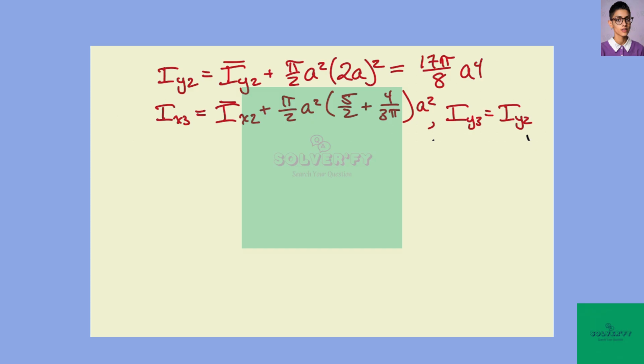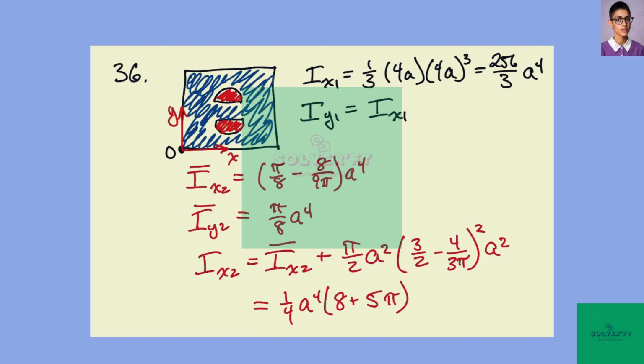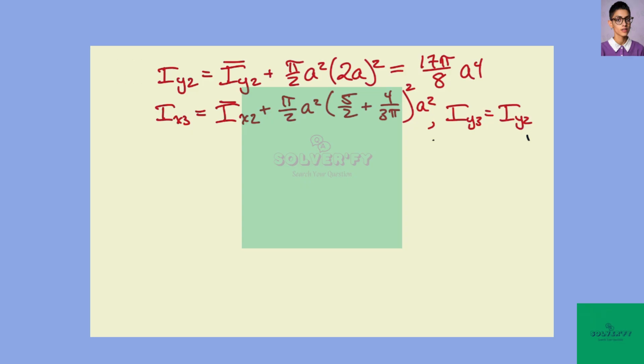And then the area times the distance squared, and I think I forgot a square here. That distance was 5/2 a up to here, and then we add another 4/(3 pi) a to that, and so we get the area moment about the x-axis that we're looking for as this.